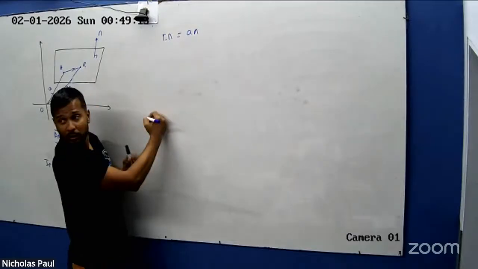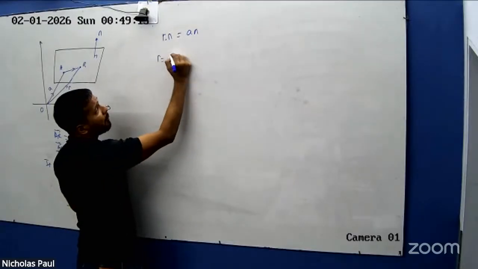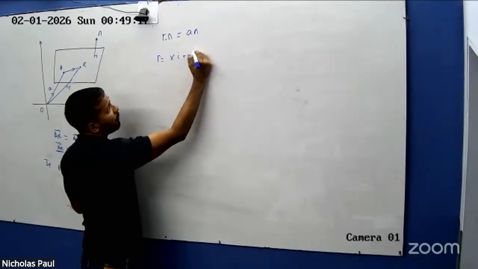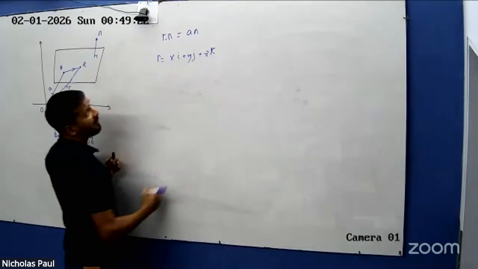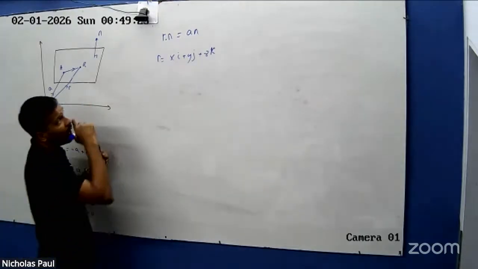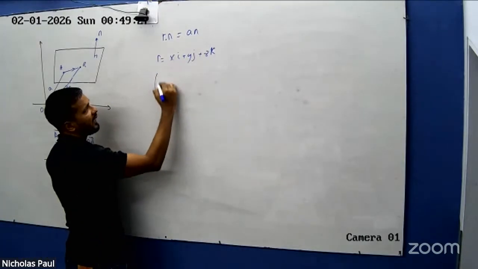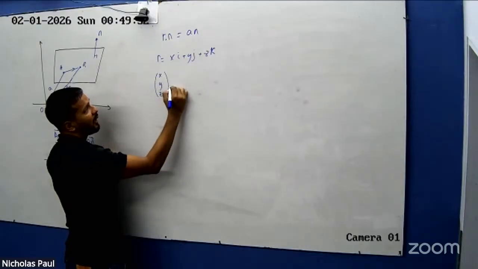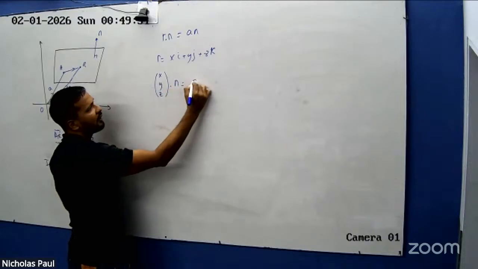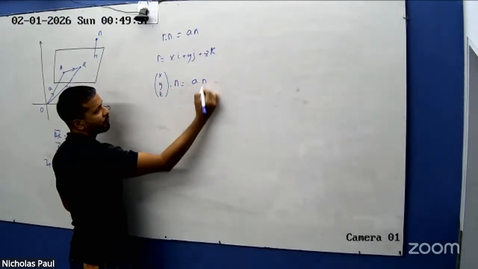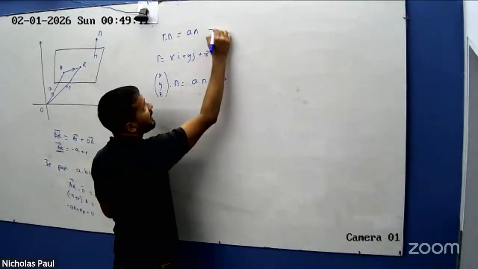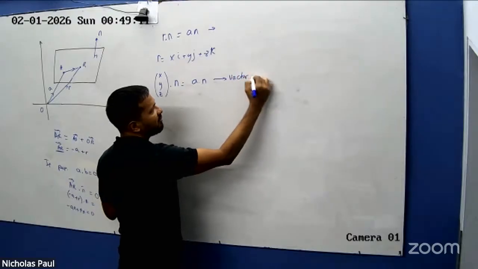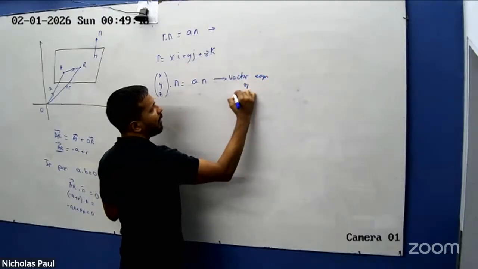Remember, r could be any vector, xi plus yj plus zk. It could be anything. If I plug that in here, I could also make it look like this: (x, y, z) dot the perpendicular vector is a.n. So what we have here and here is the vector equation of a plane.